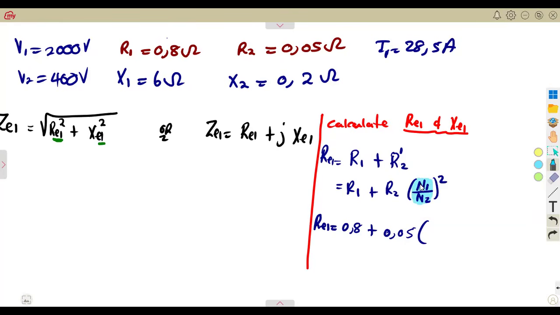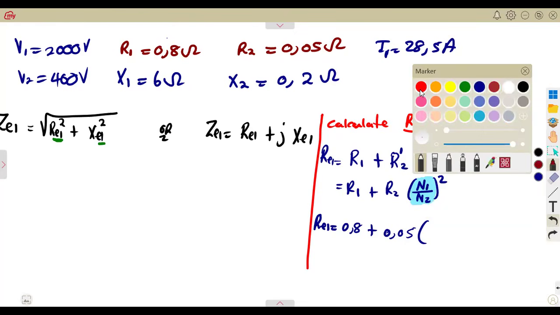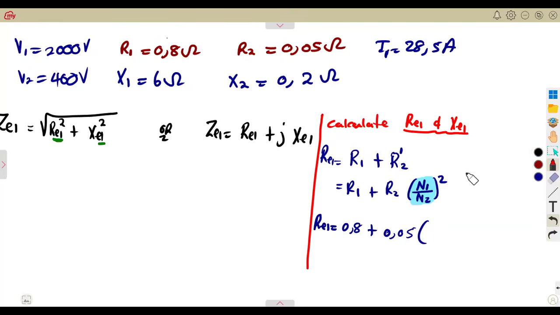We do not have N1 over N2. But remember, this is a transformer ratio, so N1 over N2 can be written in different ways. This is V1 over V2. This same thing represents N1 over N2. It is V1 over V2, and I2 over I1 in terms of current.